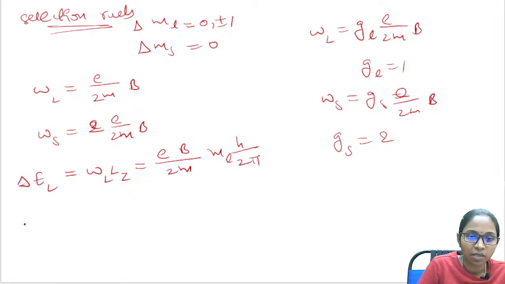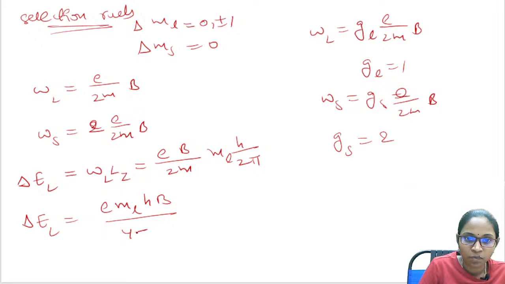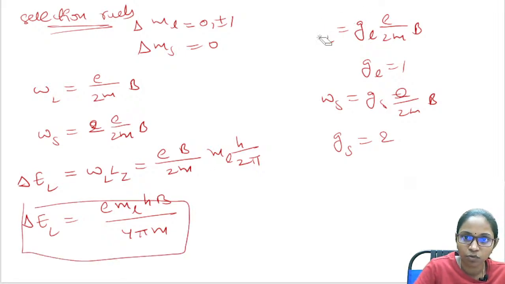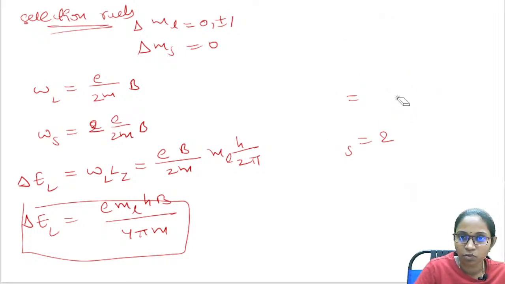You just multiply this, and we will have e ML h B by 4 pi m. This is for orbital angular momentum. And coming to the spin angular momentum, just write in running notes, keep running notes.